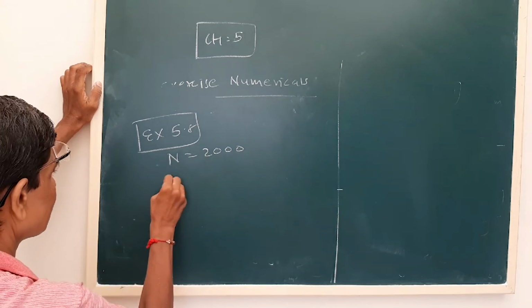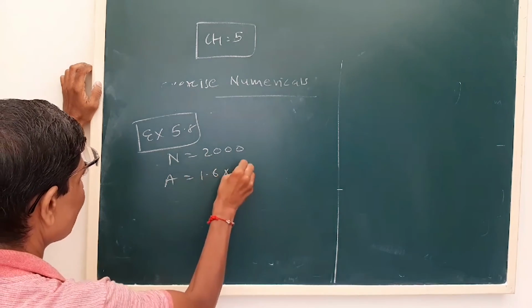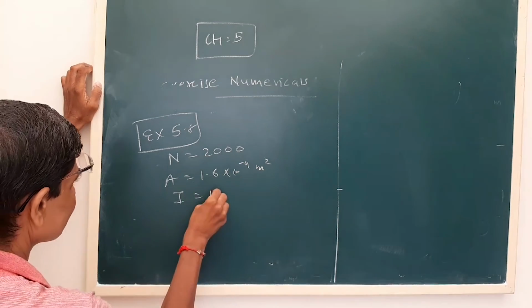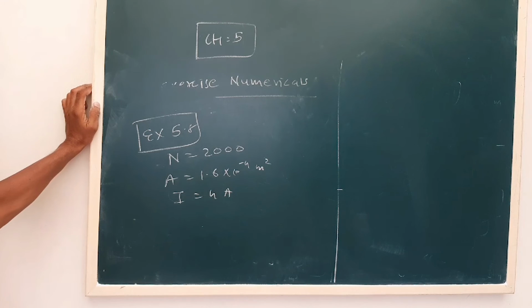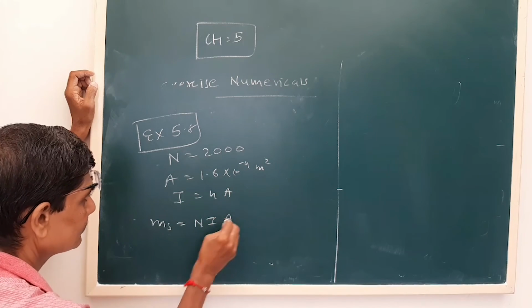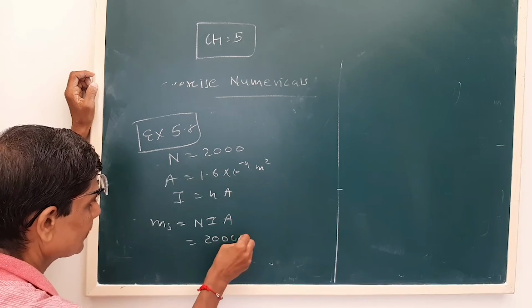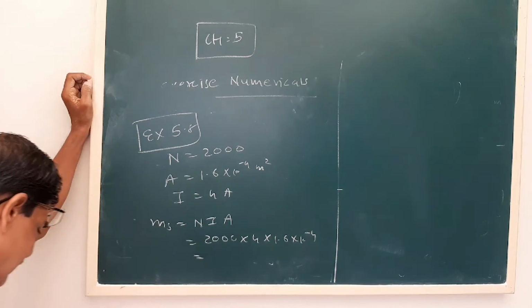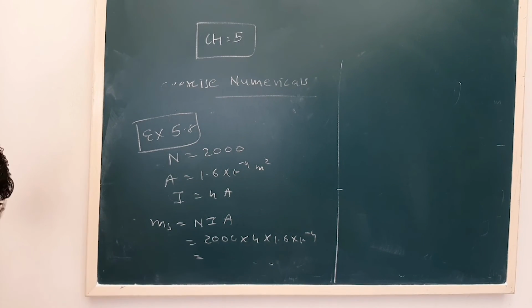Area is 1.6 into 10 to the minus 4 meter square. Current is 4 ampere. We have to find the magnetic dipole moment of the solenoid. So m s is NIA, 2000, current is 4. Now we can calculate this.